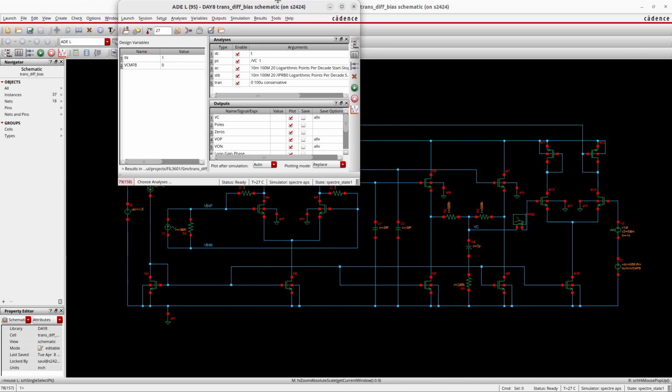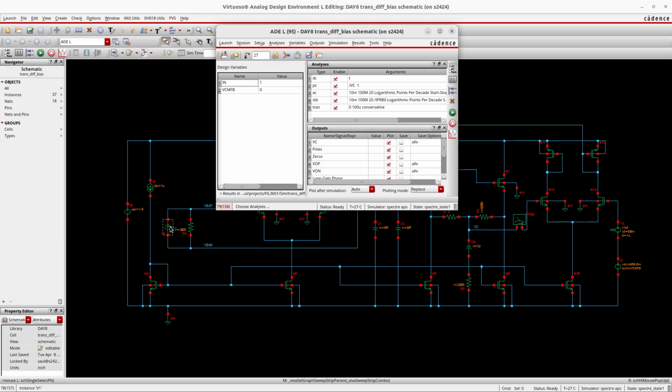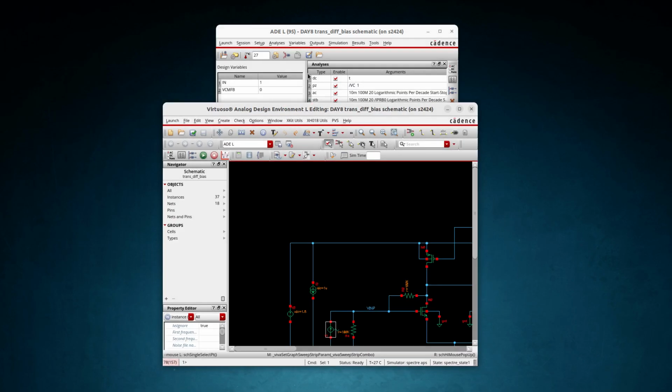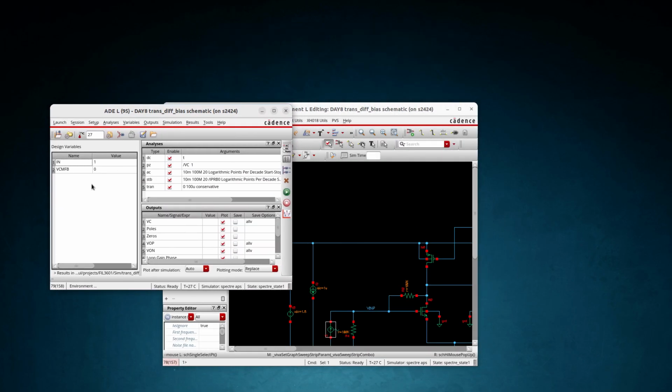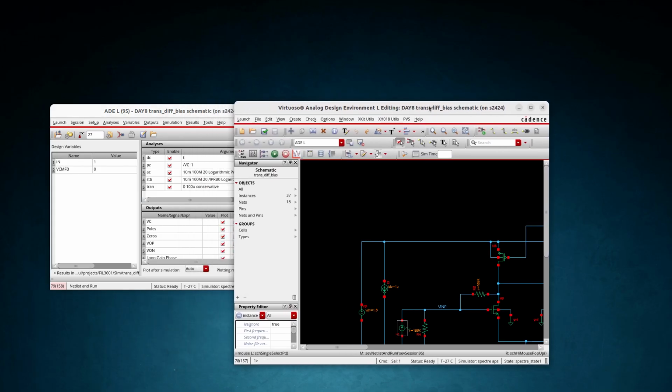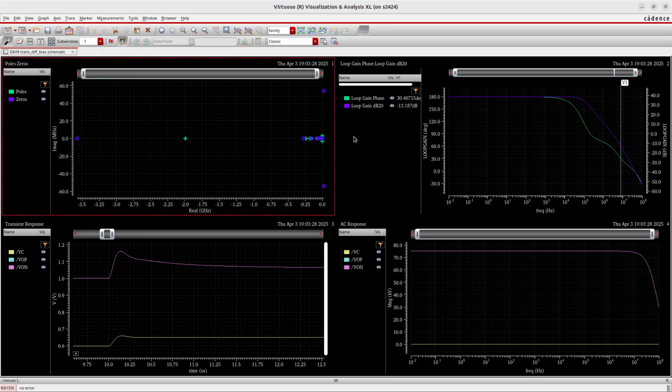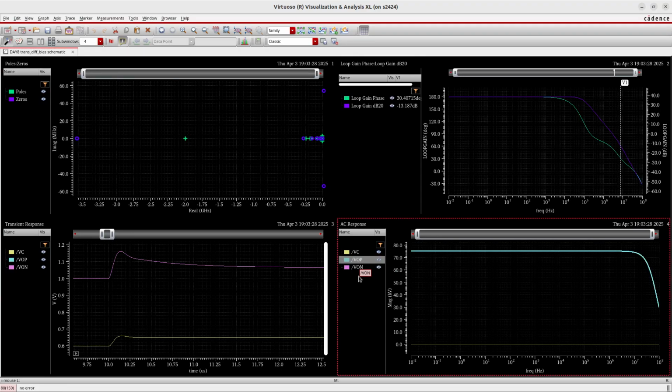Okay, and just run simulation. And we check that VOP is the output voltage, and the positive output and the negative are basically the same.